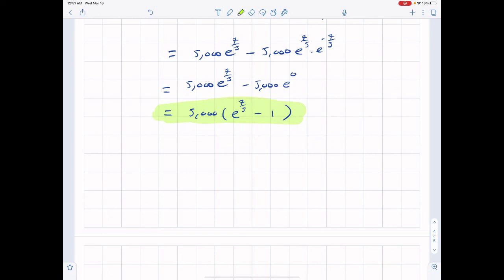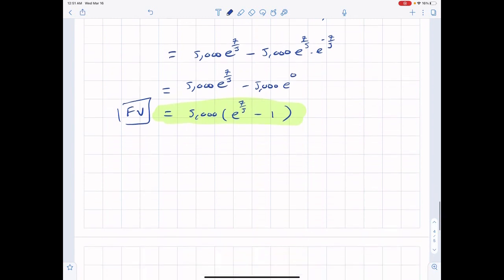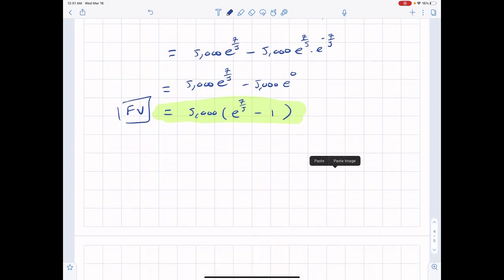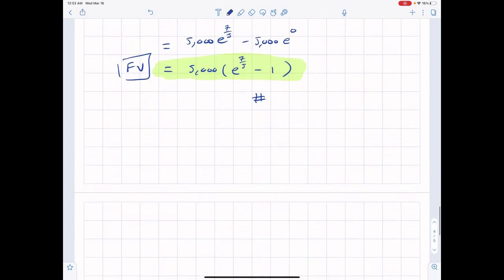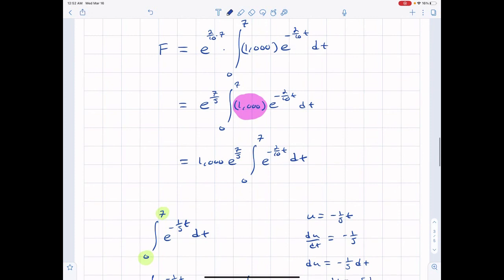This is my future value. If I had this, and this is a number, right? This is a number. If I wanted the present value of that number with r equal to 0.2 and m equal to 7, the present value is going to be that integral that I used to get the future value, that I multiplied the e to the 7 over 5 by to get that future value.